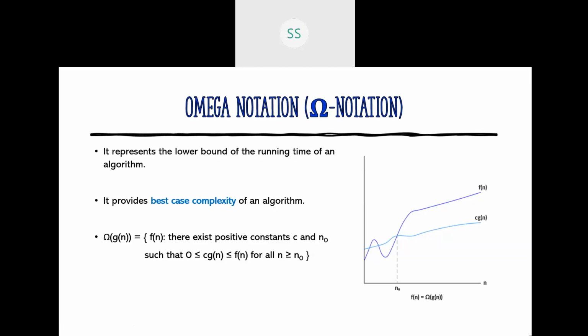Ma'am, the worst case is only when the value is not in the list, no? Yes, the worst case can be in two conditions: either your item is not in the array or list at all, or it is in the last position. But if you forget about the worst case, what will be the best case?